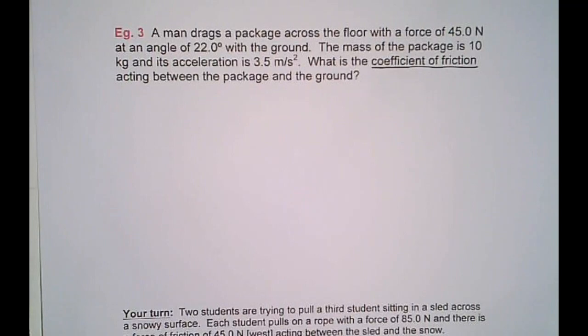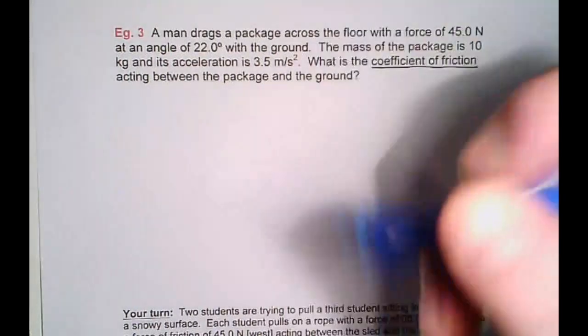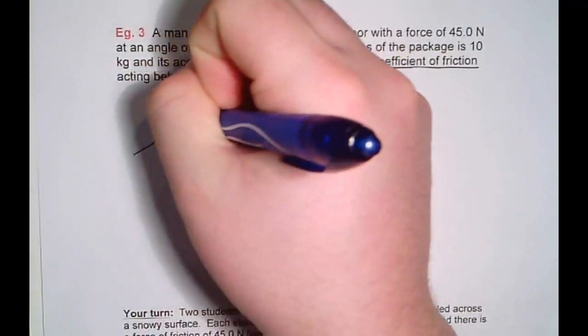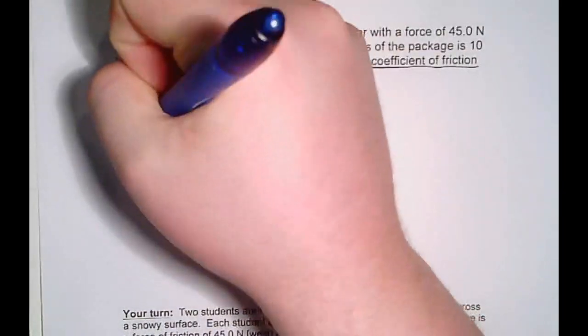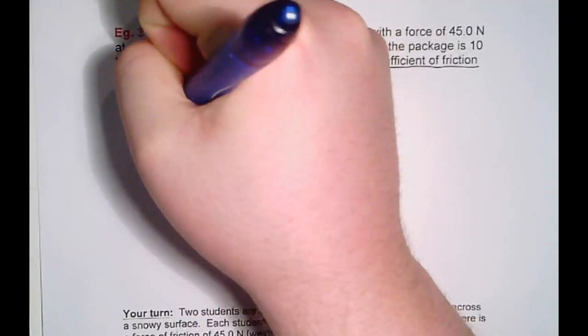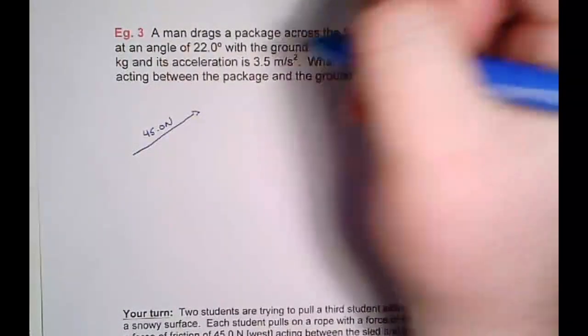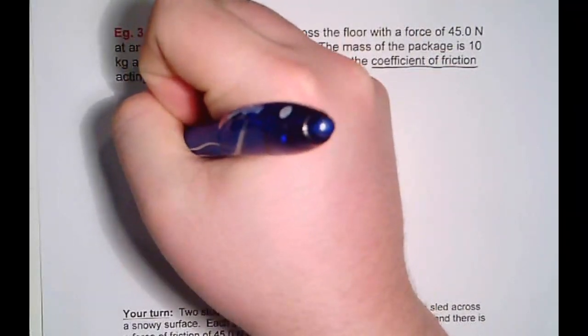So we know that this man is dragging the package across at 45.0 newtons. That creates a 22-degree angle with the ground.